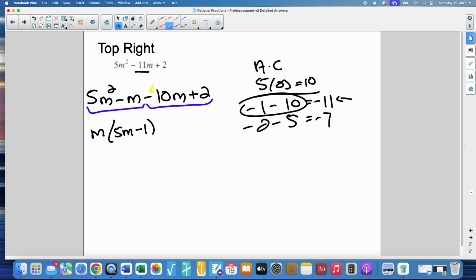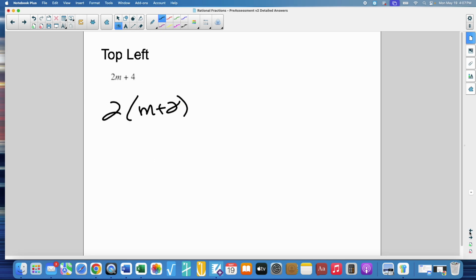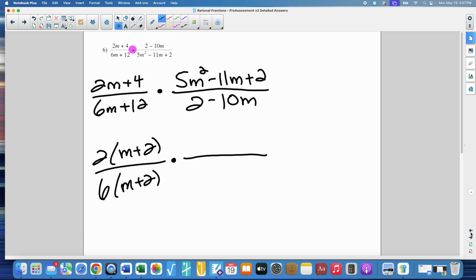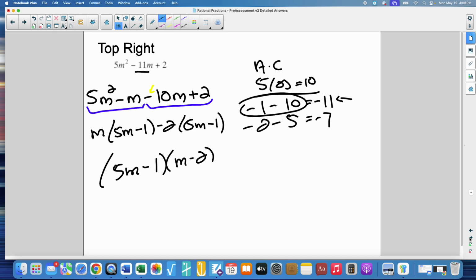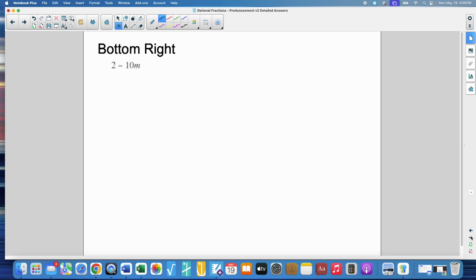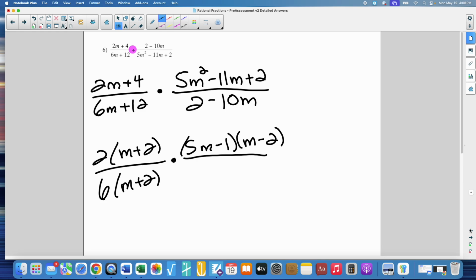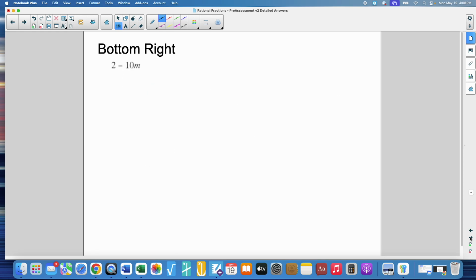We notice that from my second group, I have the first term negative, so I have to factor out a negative 2, which gives me 5m minus 1. 5m minus 1 times the quantity m minus 2. Pretty sure that was correct. Let's look at the bottom right. Bottom right is a little tricky. Oh, did I do m minus 1 or m minus 2? M minus 2, good. All right, let's look at the bottom right.